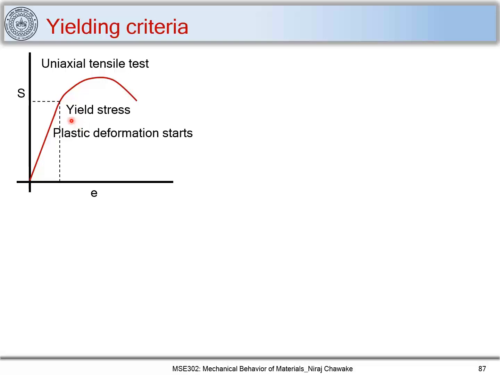But this yield stress is easy to figure out when we consider a uniaxial tensile test, or uniaxial compression of material, where the stress is only along one particular axis. But in reality, or in practice, the state of stress is complex. So finding out when the material will start yielding or show plastic deformation becomes difficult.